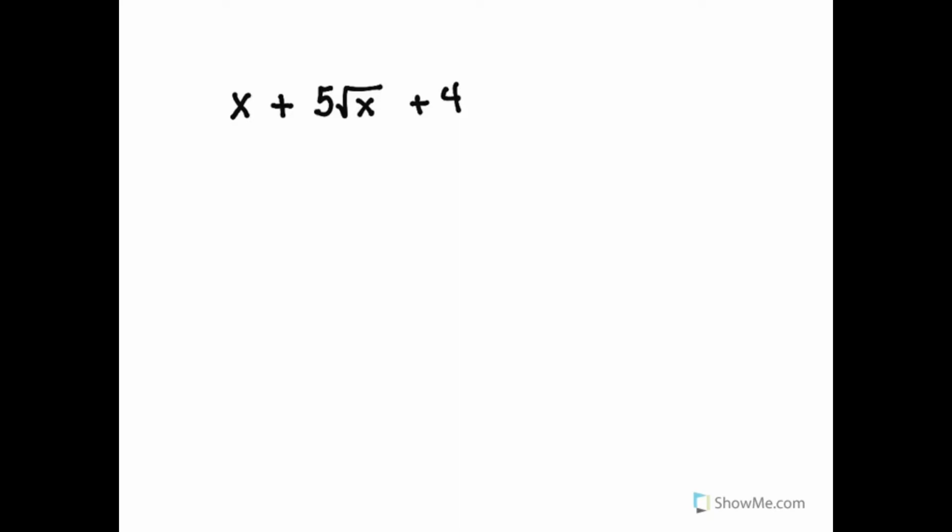x plus 5 times the square root of x plus 4 is quadratic in form. u is the square root of x. It's really helpful to look at the middle term first, and then if u is the square root of x, u squared must be the square root of x squared, or x.